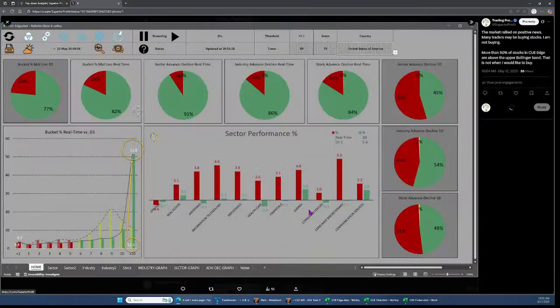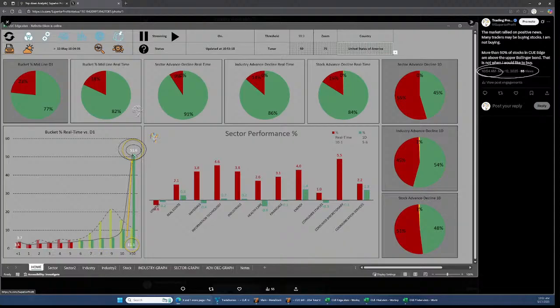Okay, let me go there. I shared a snapshot here on May 12th in the morning session and showed that the percentage of stocks above upper Bollinger Band from bucket analysis hit 51.6%.